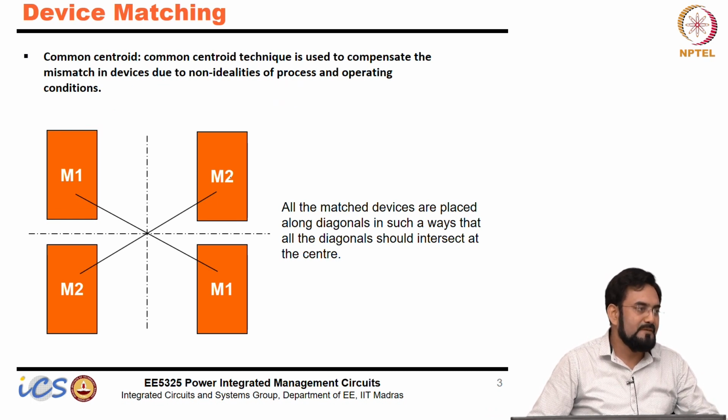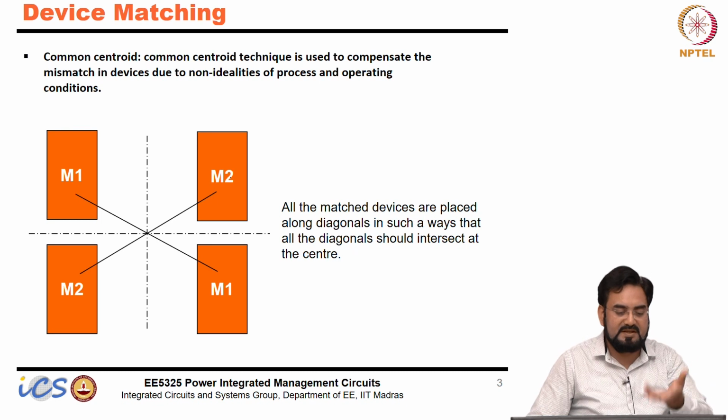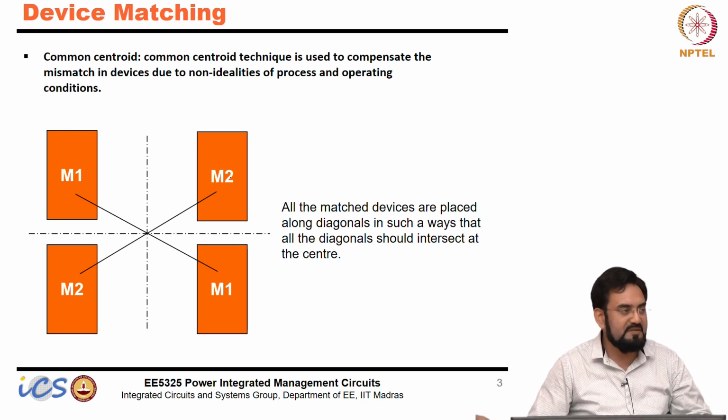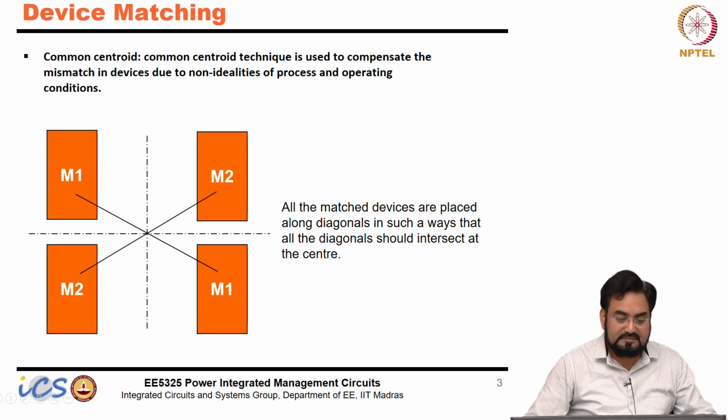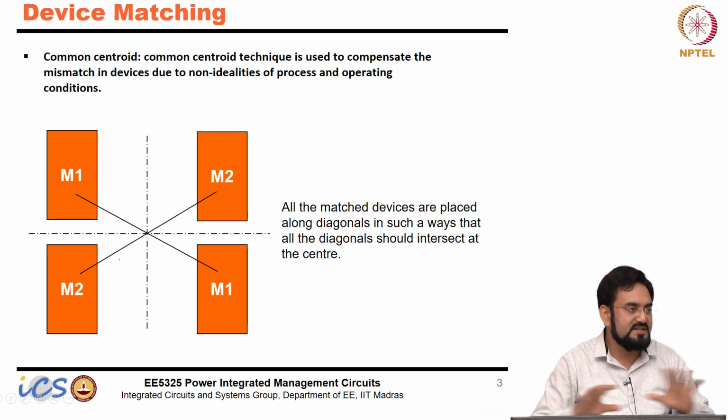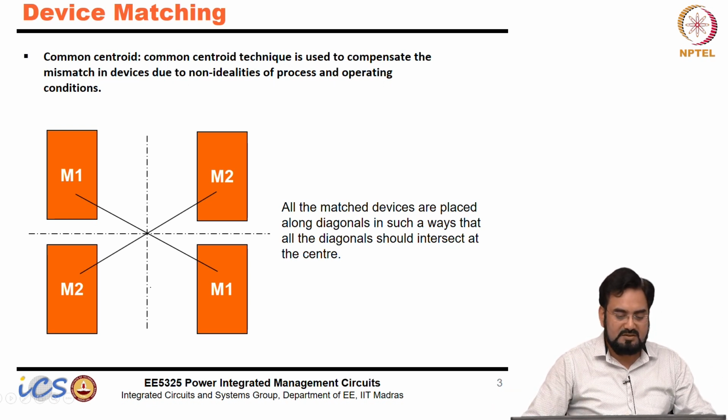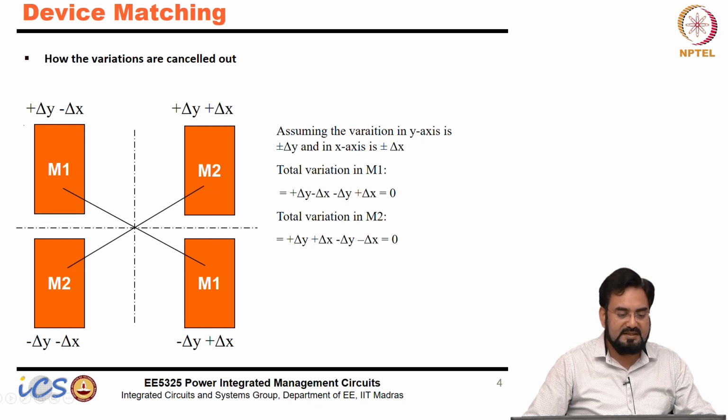Not only VT, but if you are looking at high frequency performance, your gate capacitance will also change. So in order to match that, we split them and spread them in such a way that those variations are cancelled out. Let's say there is a variation in the y direction; this is your center, which you can say is 0, 0.